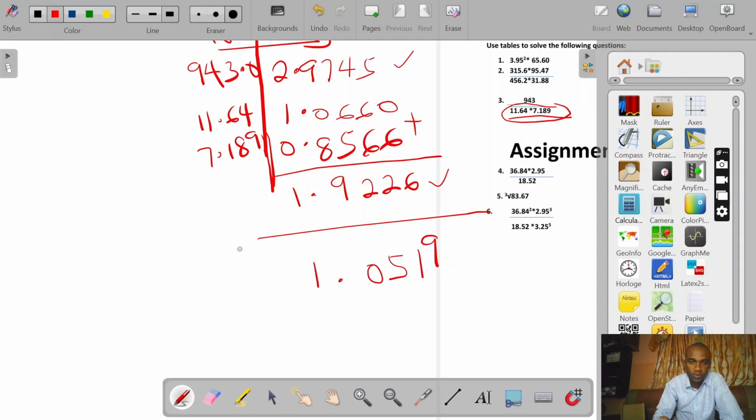So the next thing is to find the antilog of this number. I'm meant to write antilog here. Let me write it. I am looking for the antilog of this number.